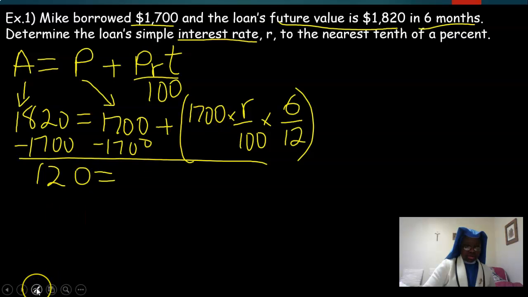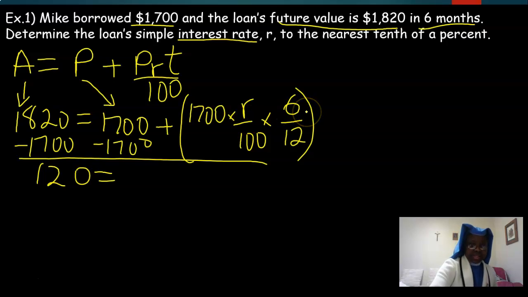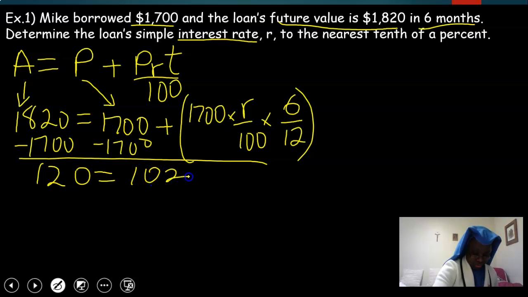I can cross out this to make it easier. Go ahead and multiply 1,700 times 6. 1,700 times 6, so I get 10200R over 1200.